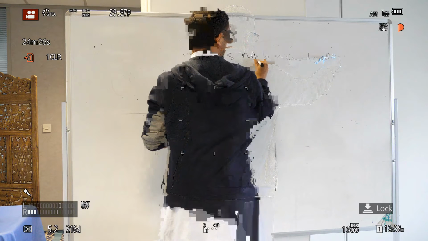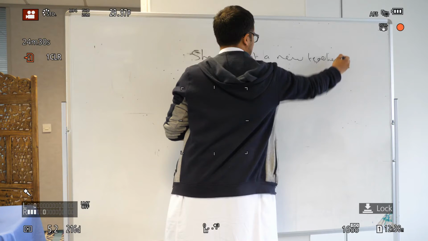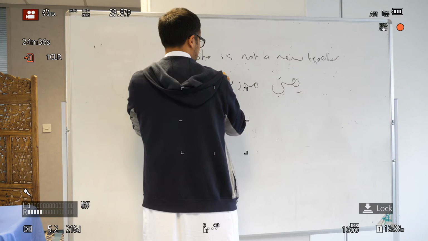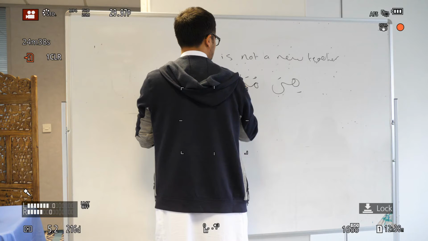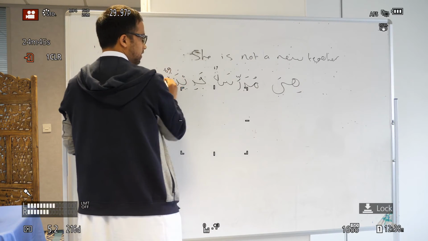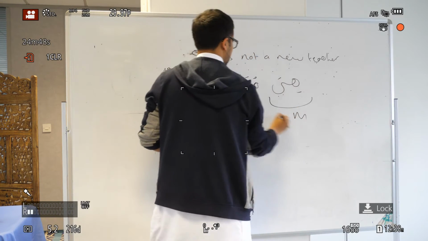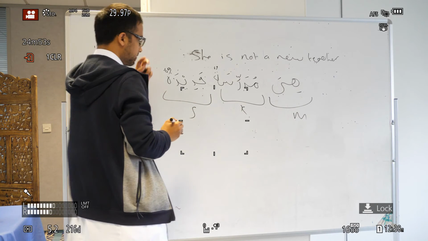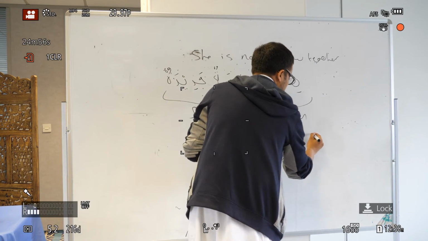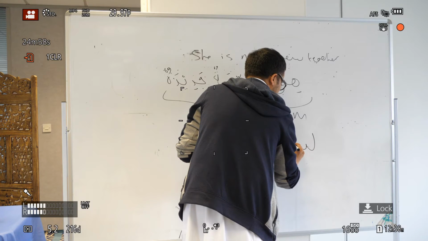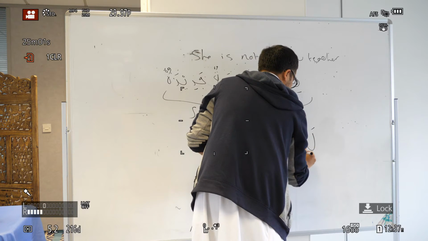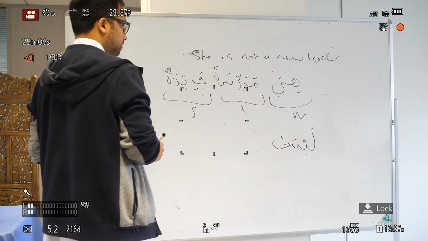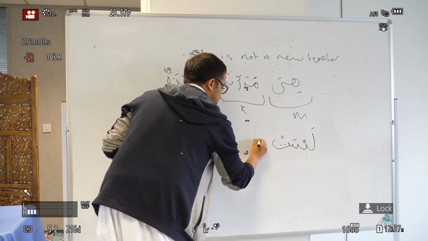How would you say she is? Mudarrisatun jadidatun. Okay, so what have you got? Mubtada, you got your khabar, you got your sifa. Okay, so she is not. Laysat. Now, what's the first way of saying it?